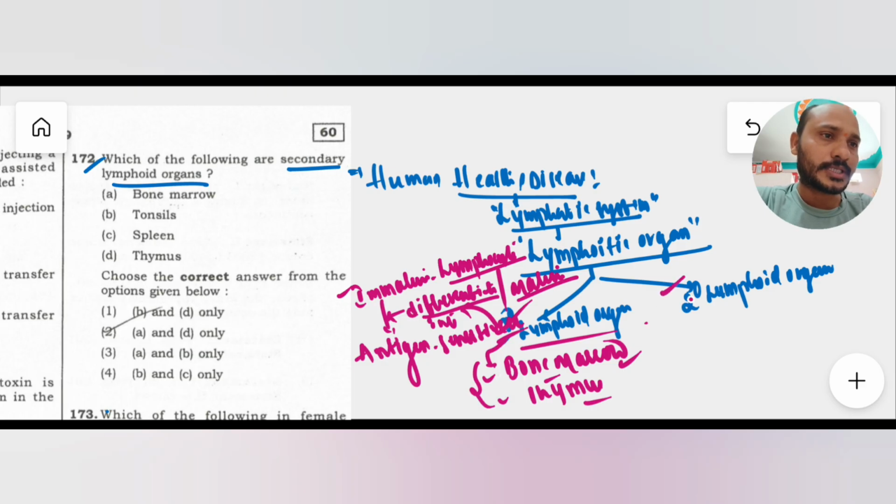Now coming to the secondary lymphoid organ. In the primary lymphoid organ, immature lymphocytes get activated and differentiate into antigen-sensitive cells.